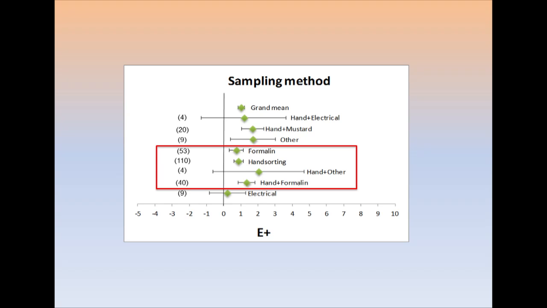There are some smaller ones which are used less, such as electrical, and now this is a big debate. Is it because they are not efficient, or is it that formalin actually overestimates earthworm numbers in the reduced system?